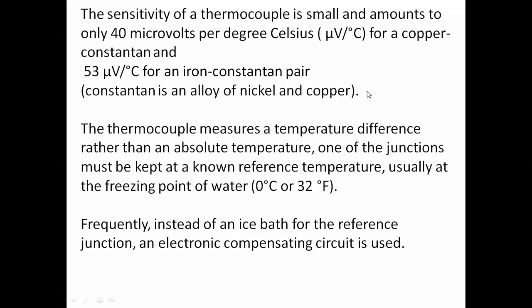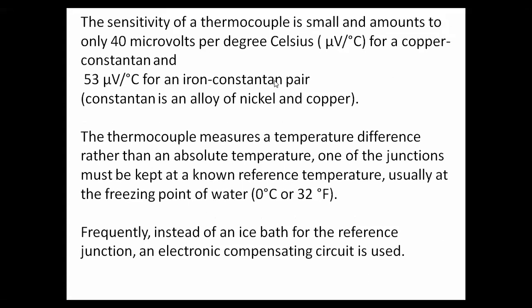Similarly, when you use the iron and Constantan pair as a thermocouple, and Constantan is an alloy of nickel and copper, we can get 53 microvolts per degree Celsius. For an increase in temperature of 1 degree Celsius, we can get 53 microvolts.